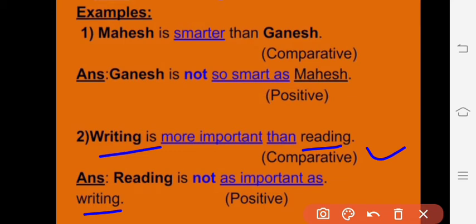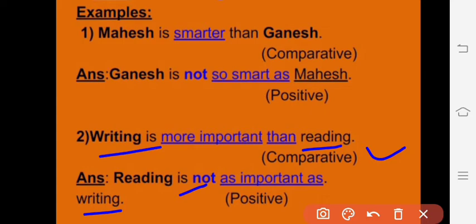Now if we want to convert into positive, in this sentence no or not is not given, so we have to apply no or not and then form positive degree. So the question is like that: writing is more important than reading. Answer: reading is not as important as writing.